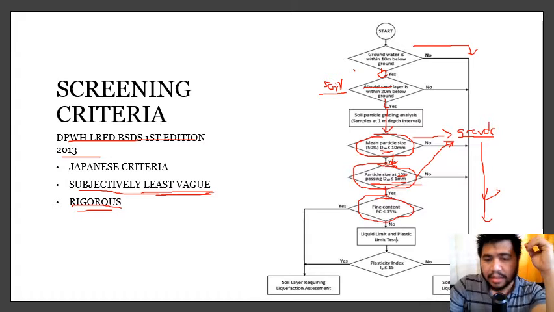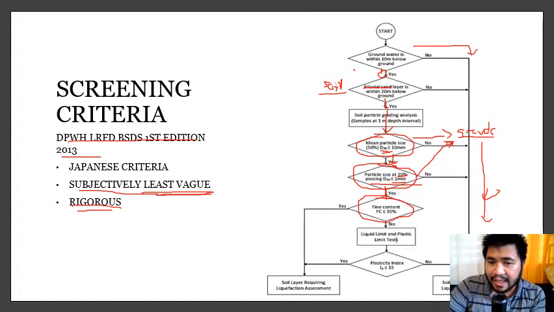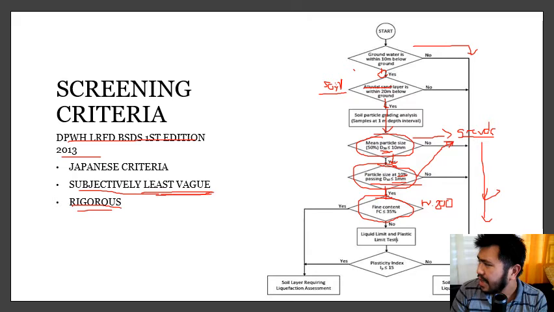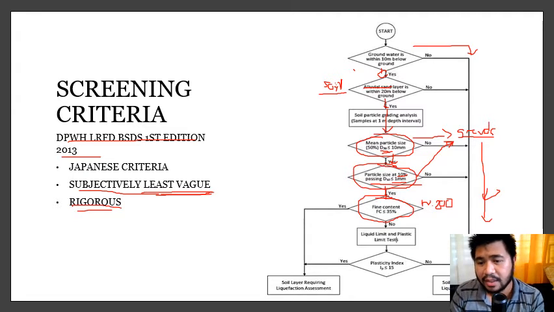The next question is the fines content. The fines content is the percentage of soil that passes a number 200 sieve. A number 200 sieve is a sieve that has a hole size of 0.075 millimeters.